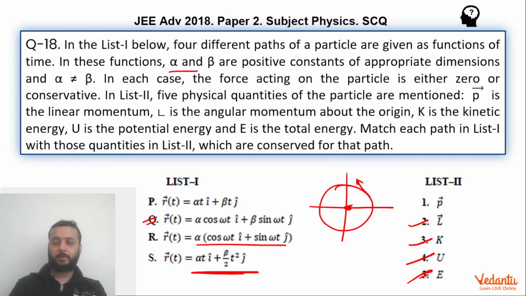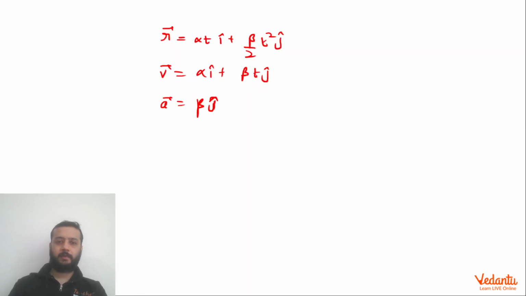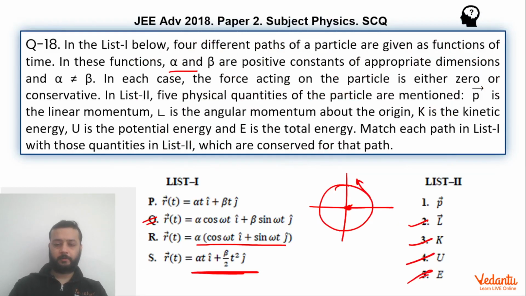Since total energy has to be constant, because we can say that force is conservative in nature, constant forces are always conservative, total energy is constant. And anyway, you know that in motion under gravity, the sum of kinetic and potential energy remains constant. So we can say that option S matches with 5.